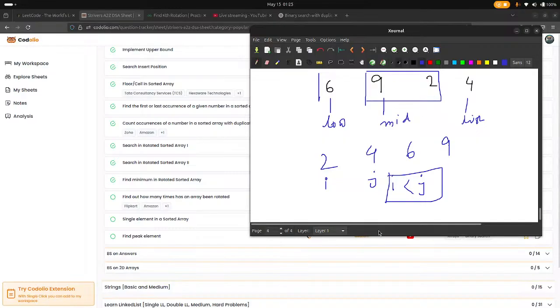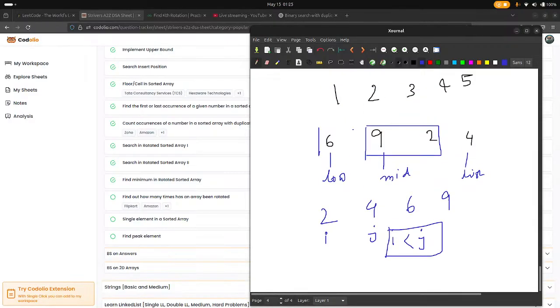So if I draw the progression, it is at first 6, then 9, then 2, then 4. So generally, this is the progression. It is an uneven progression.